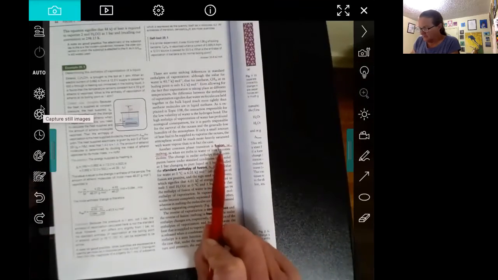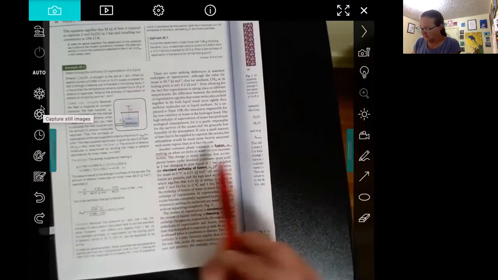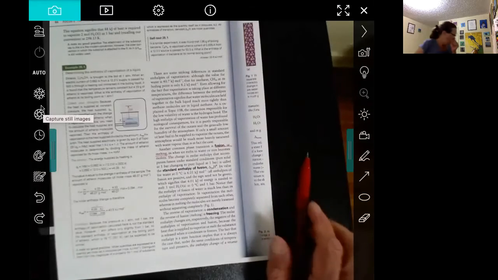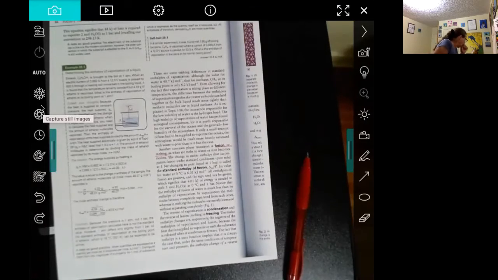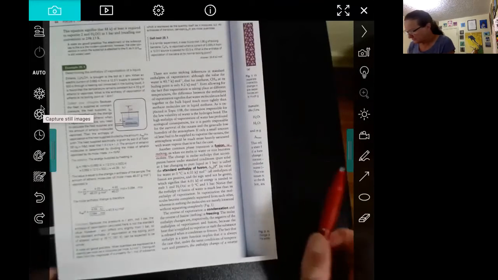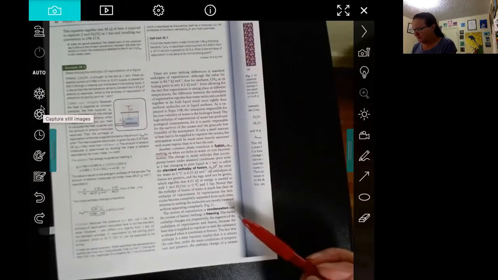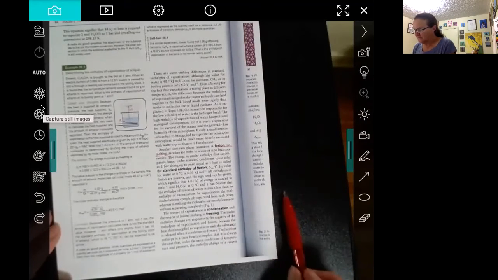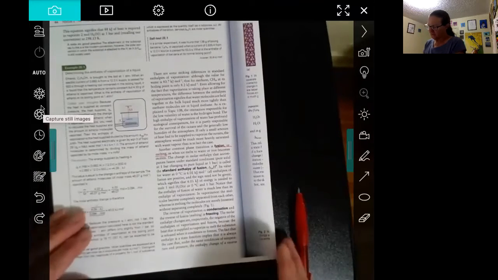Another phase transition is fusion, which is also melting. And so you can have standard enthalpies of fusion. The reverse of vaporization is condensation, and the reverse of fusion is freezing.